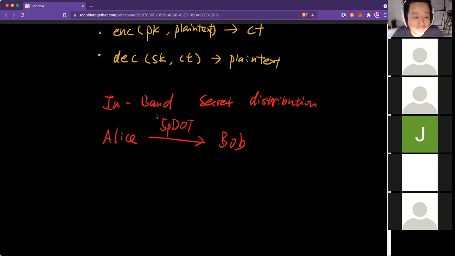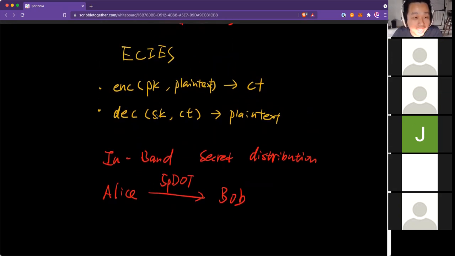The idea here is that we put some information on the blockchain so that everyone can see it. But this information is encrypted so that only the designated person who has the secret key can decrypt it. That's where ECIES comes in handy in terms of protocol design.